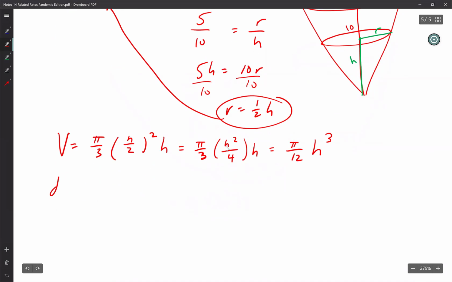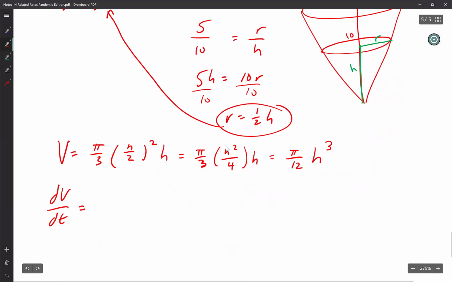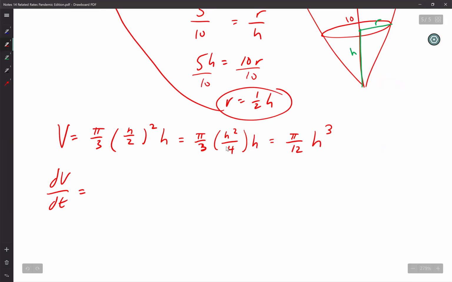All right, dV/dt. Hey, hold on. Oh no, I did it right. dV/dt. 3 times pi, so it's, I guess, 3 pi over 12. Well, I'll reduce it in a little bit, guys. h squared dh/dt. So dV/dt is equal to pi over 4 h squared dh/dt.